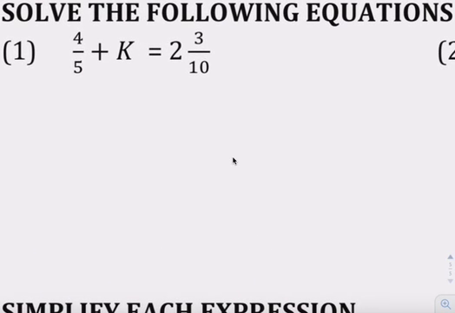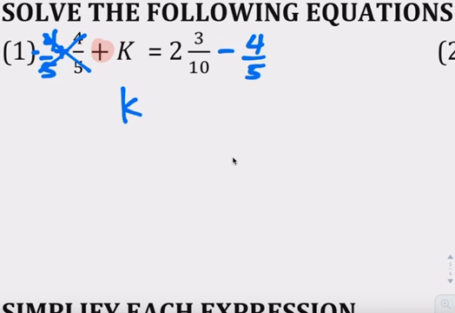This one, it's an add problem, so you need to make 0. In order to make 0, this is a positive, so you need to make a negative 4 over 5. That makes it 0, so negative 4 over 5 here also. That is 0, so we cross that out.